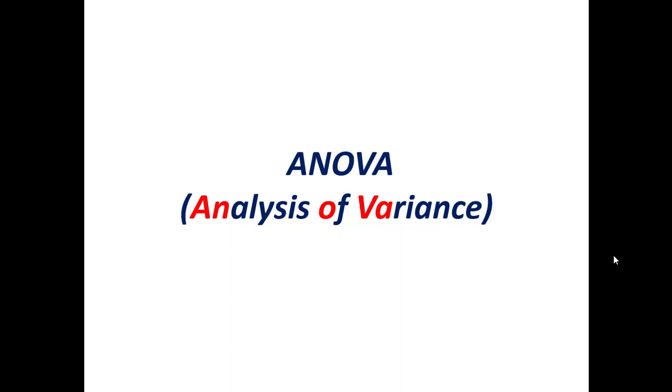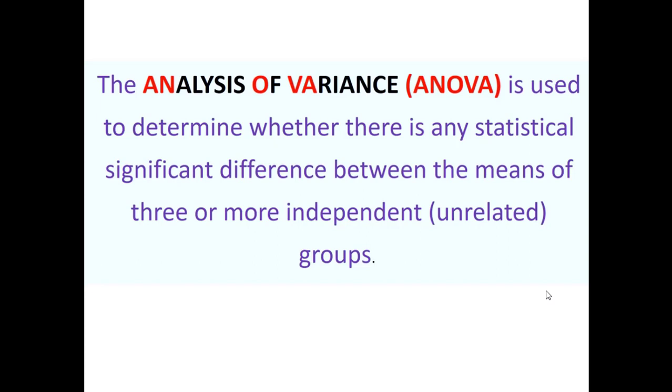Let's see that. The analysis of variance, meaning ANOVA, is used to determine whether there is any statistically significant difference between the means of three or more independent or unrelated groups.